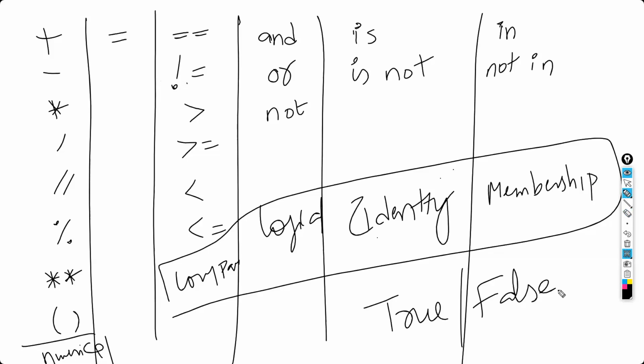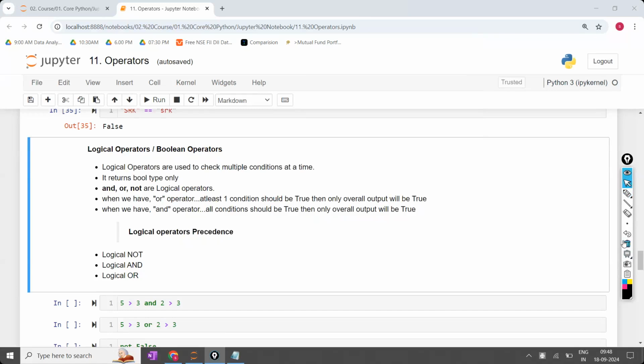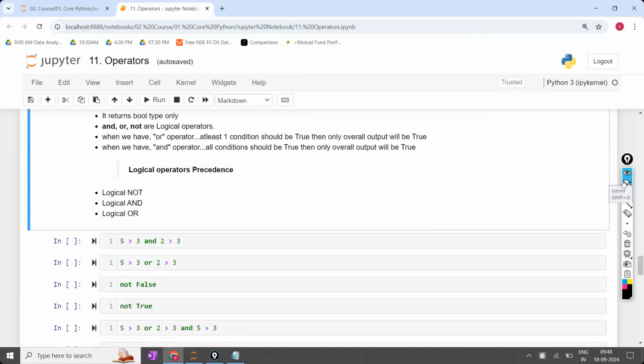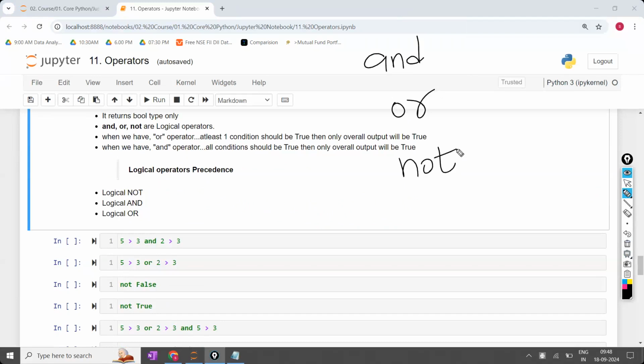Are the points clear? Now let's get into the logical operators. What are the logical operators? Logical operators are and, or, and not, in small letters. Three of them come under logical.